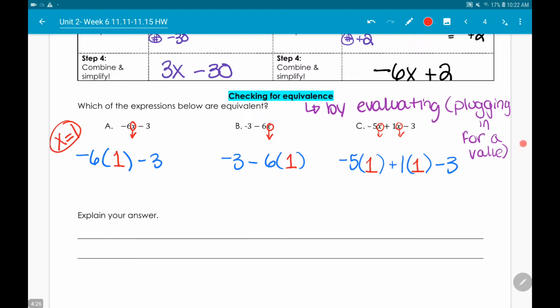All right, so now that I have plugged in, I'm going to go ahead and simplify.